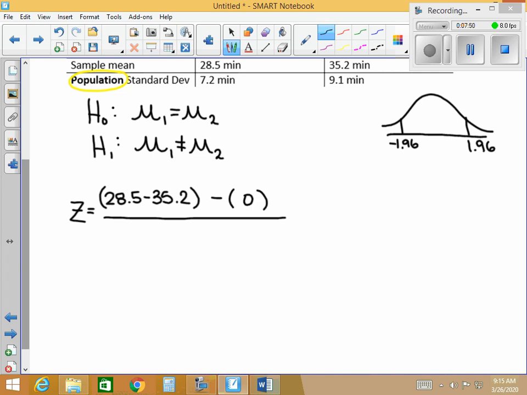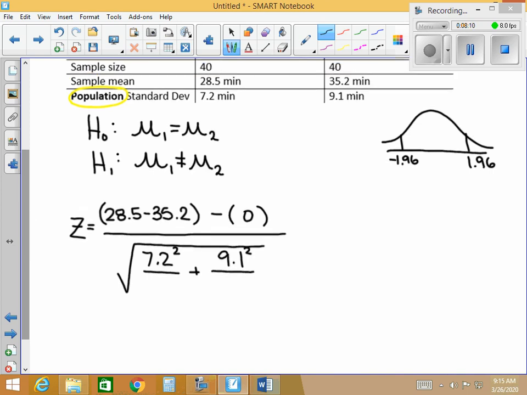Again, we're testing to see whether they're the same or different, so the difference in the two would be 0. On the bottom, my two standard deviations that I was given are 7.2 and 9.1. Remember that those guys are squared. And it's over the sample size, which again in this case, both of them are 40. Some of the examples that we'll do have different sample sizes between the two populations.